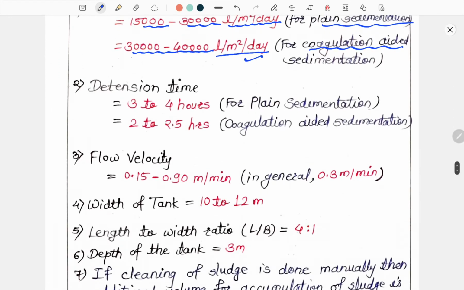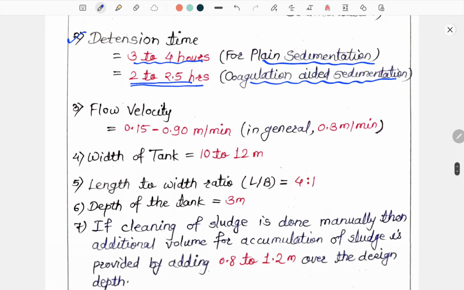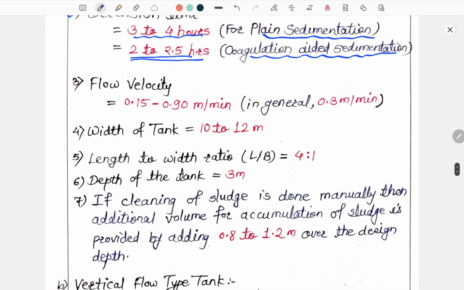Okay, second one is the detention time. For plain sedimentation, detention time is 3 to 4 hours. For coagulation aided sedimentation, detention time is 2 to 2.5 hours. Next one is flow velocity. In general, flow velocity is 0.3 meter per minute, but range of flow velocity is 0.15 to 0.90 meter per minute.